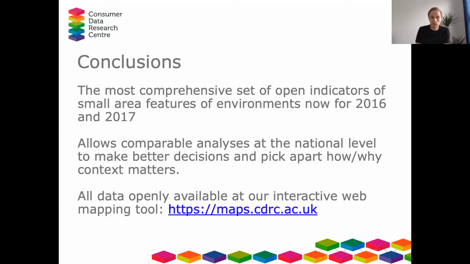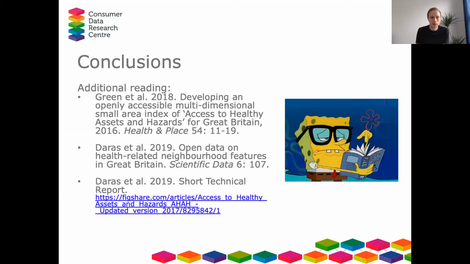If you want any further reading around the tool, AHAH, and the resource, there's 3 really nice papers that have come out. So we have one in Health and Place, which is open access, which is really technical details around creating this multi-dimensional index. So it goes through a lot of those more technical details, but also has that linked to the social survey data as well to see how useful it might be.